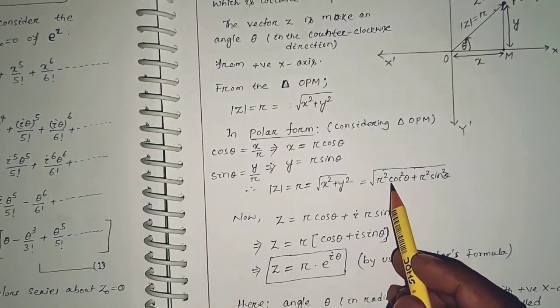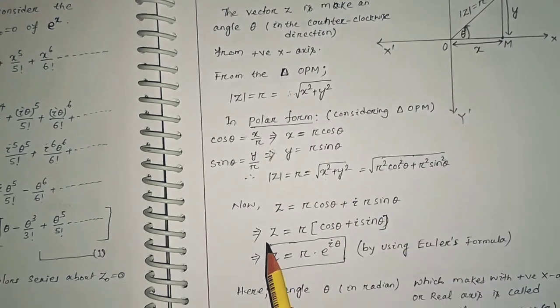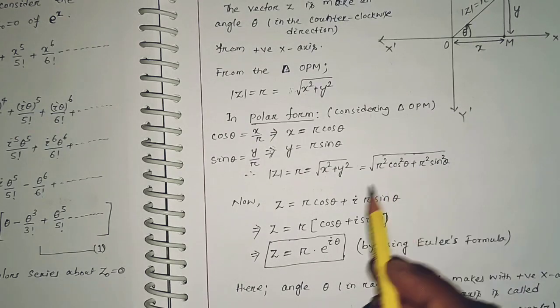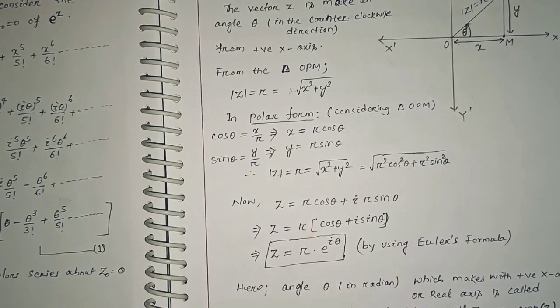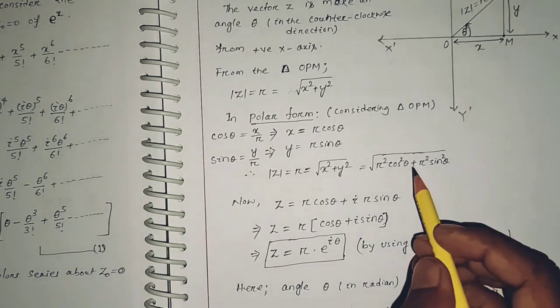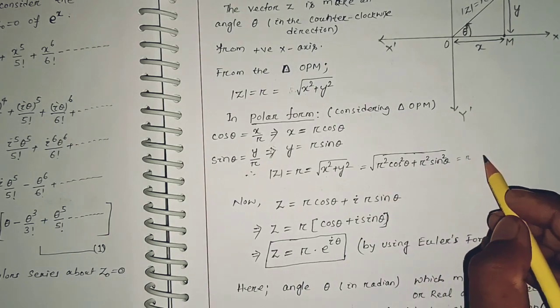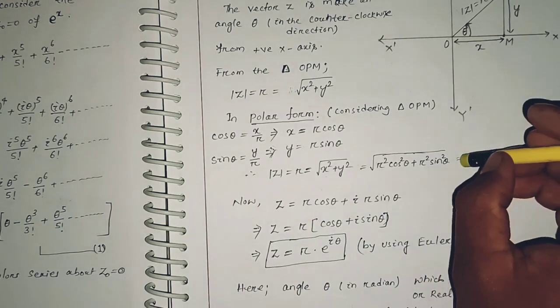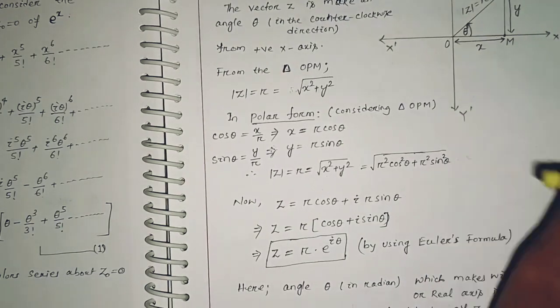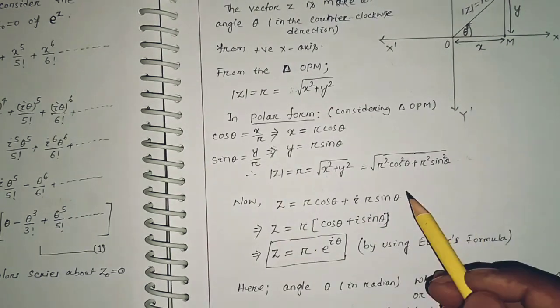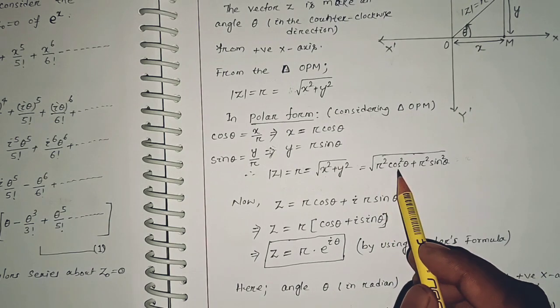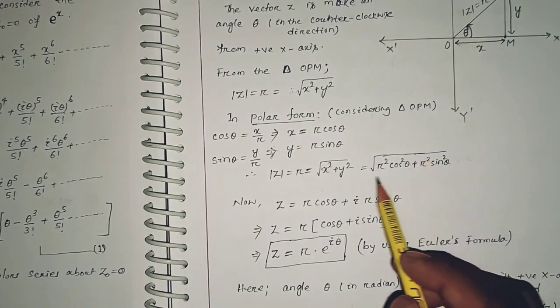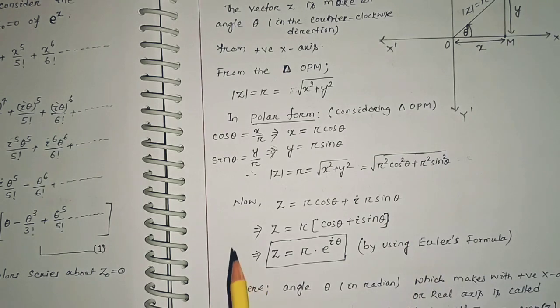If we take r square common from the root, we get r into the square root of cos square theta plus sin square theta, which is r.